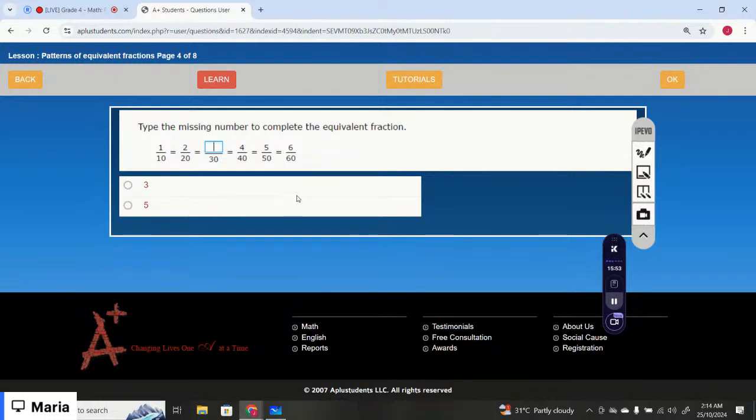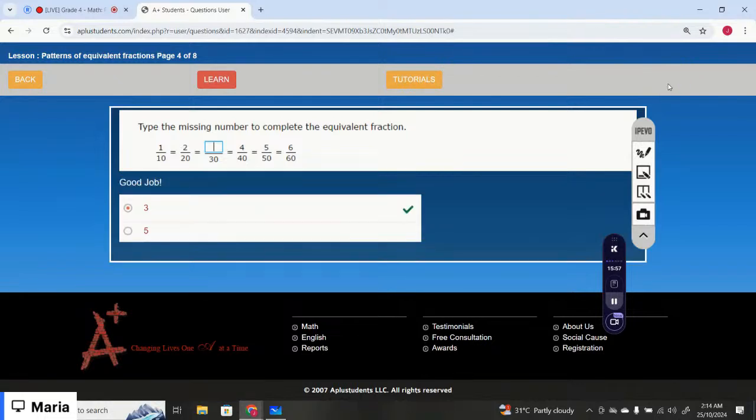Very good. 3 it is. Option number 1 is the correct option.